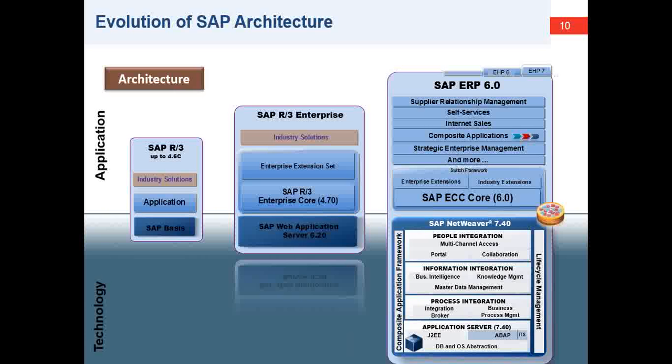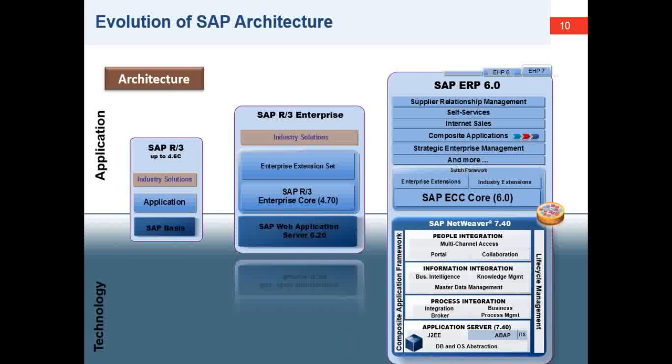And everybody realized that the intelligence existed in the BOBJ side of the house, which is now pretty much a front end for SAP's BW, or Business Warehouse. And then on top of that, you've got your SAP portal or people integration. As of Enhancement Package 7, NetWeaver version is 7.40.